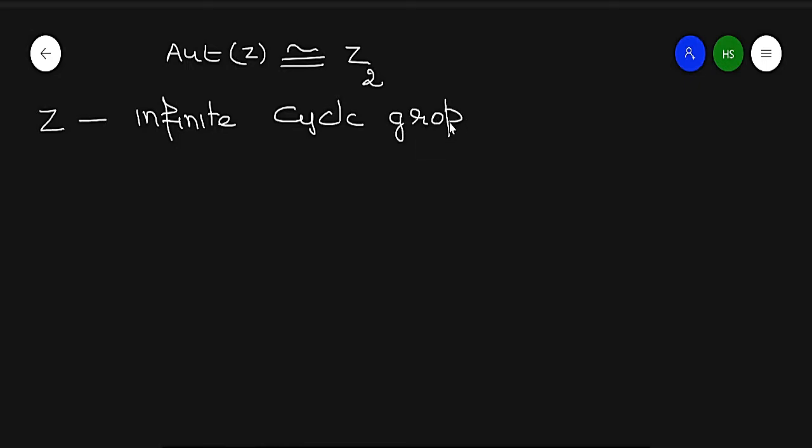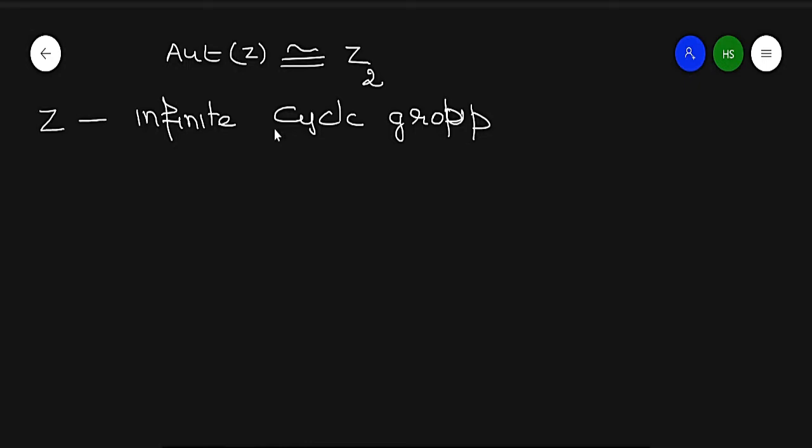So if it is an infinite cyclic group, it has two generators, 1 and -1. If it has two generators, then we know that the automorphism group of Z is isomorphic to Z2. So this is some example related to this.